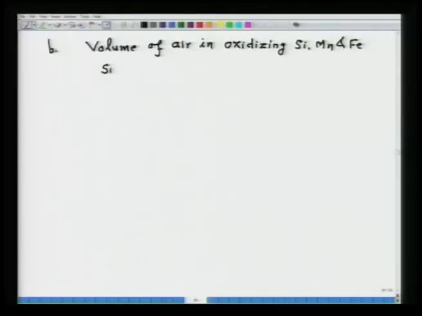Now, what are the reactions? Silicon in pig iron reacts with oxygen in gaseous form and gives you SiO2 as slag.